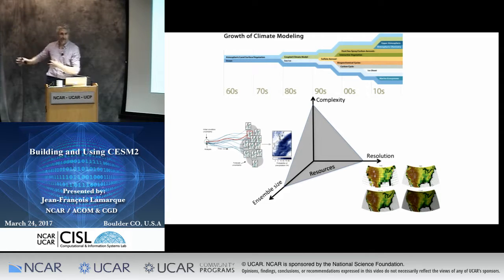Some aspects will improve, some aspects will degrade, mostly because of all those representations of subgrid processes. Clouds, for example, are much smaller than the size of the grid. You can tune it, develop it for a certain resolution, and then change resolution, and it doesn't work as well. So then there is additional work that has to be done.